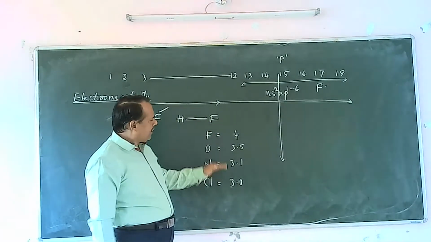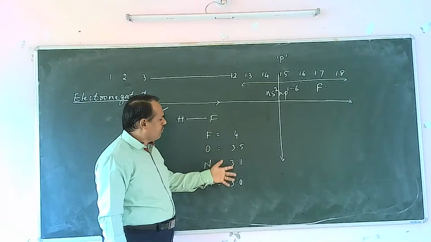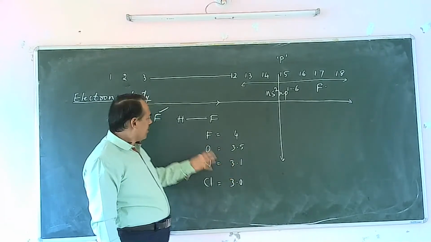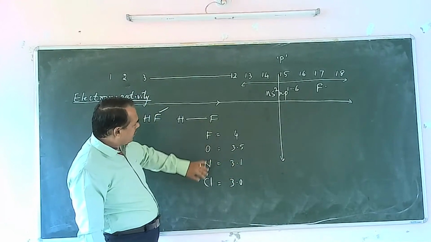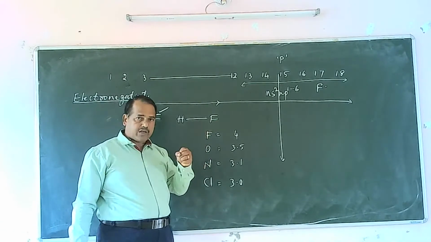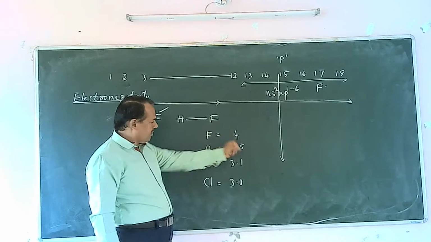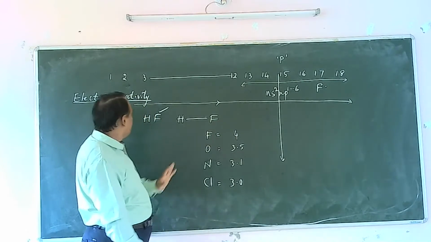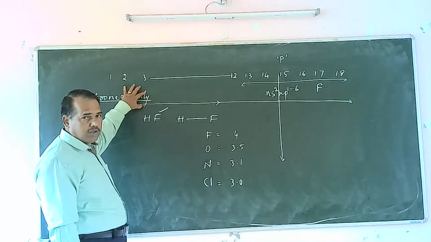From compound to compound, a small value can change. These are highly electronegative elements which can attract the shared pair of electrons towards them. This is electronegativity.